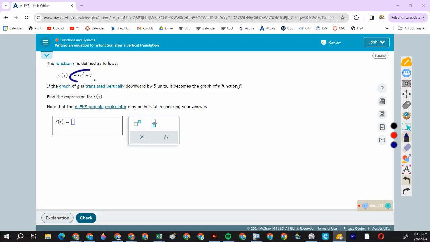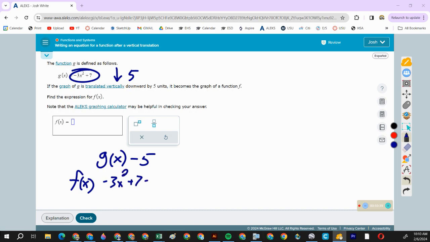So we want to take this function and shift it down 5. So that would be g of x minus 5. So f of x is simply negative 3x squared plus 7 minus 5. And this becomes plus 2. So the difference between the f function and the g function is the f function is 5 units lower than the g function.